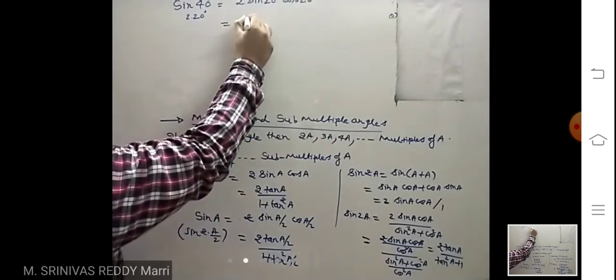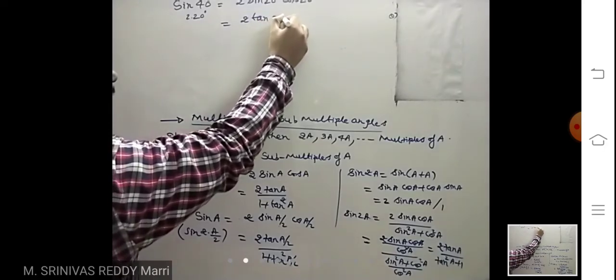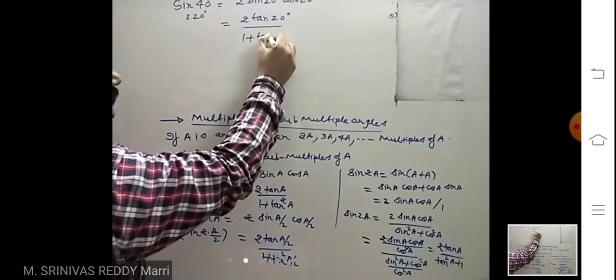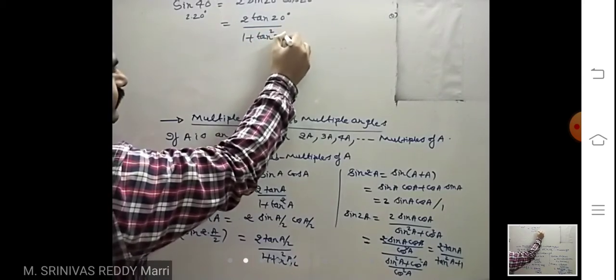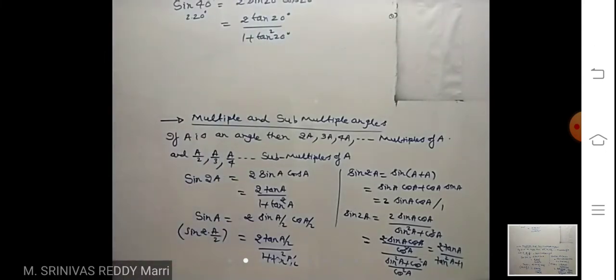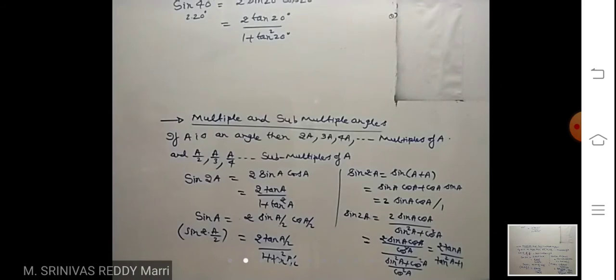Suppose you want to write in terms of tan: 2 tan 20 degree divided by 1 plus tan square 20 degree. Like that, in terms of sine cos we will write this rule, and in terms of tan we will write this rule.